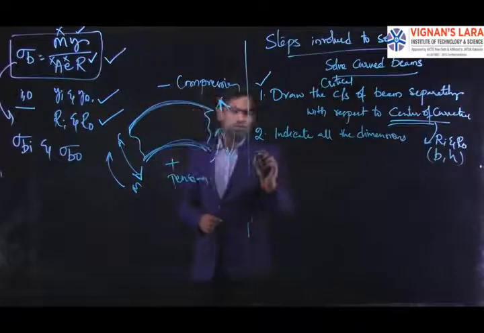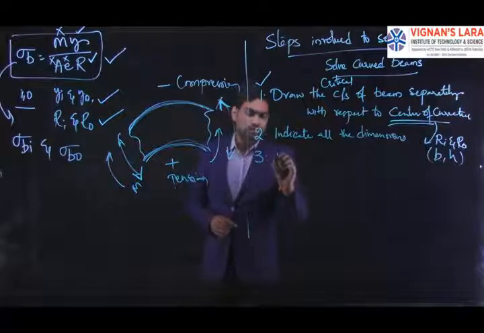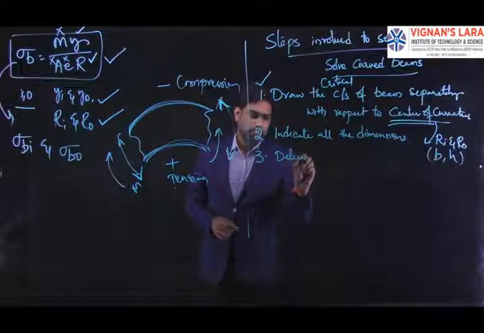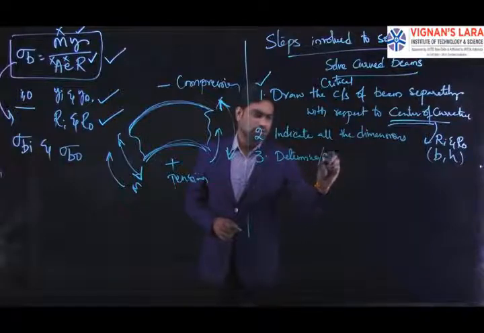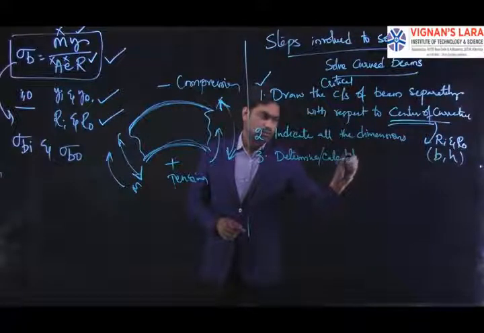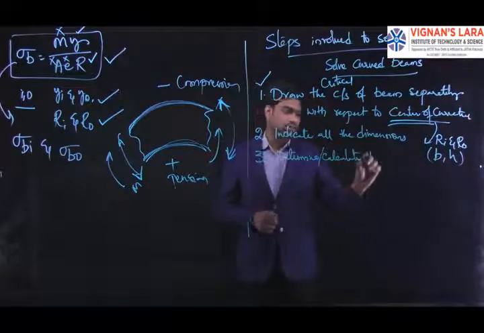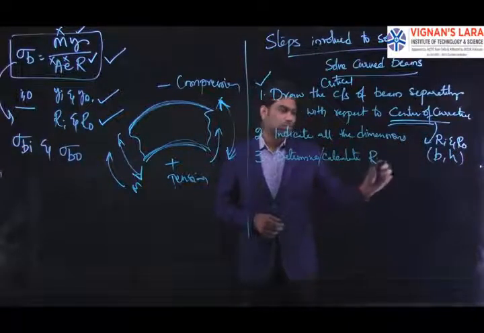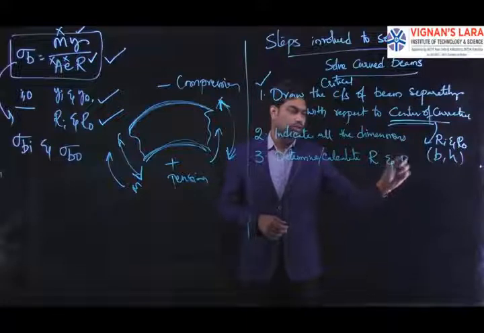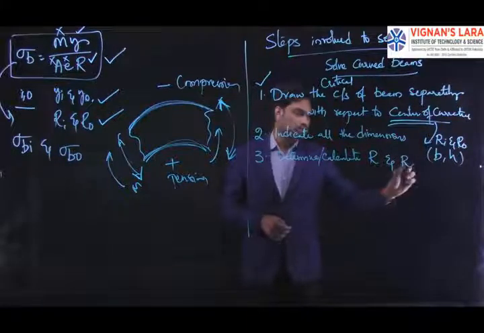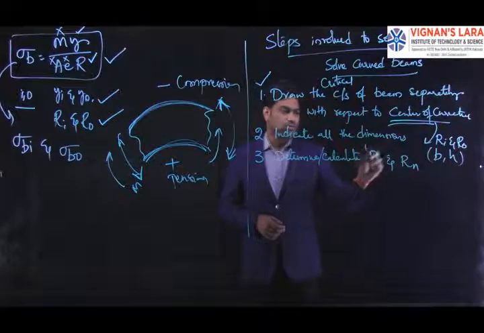And in step number 3, you need to determine or calculate the radius of curvature to the centroidal axis, that is R. Similarly, we also need to find the radius of curvature to the neutral axis, denoted by Rn. So that is R and Rn.